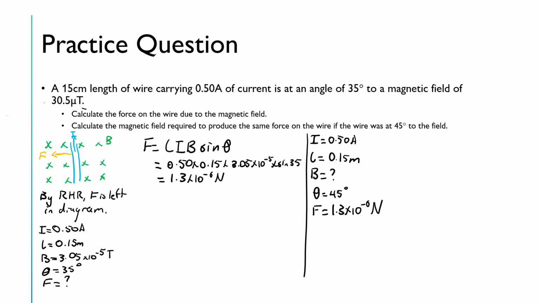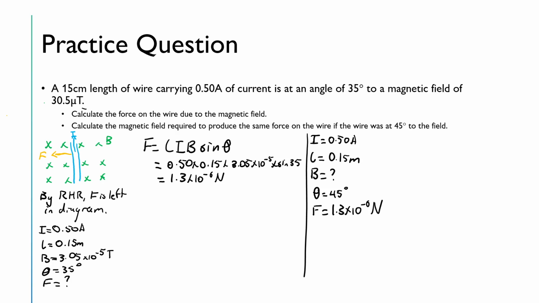Now, if we want to experience the same force, but we have increased the angle, that's going to mean that sine 45, which is bigger than sine 35, is going to have a larger multiplying factor when it comes to that final calculation. Therefore, we're going to need a magnetic field which is slightly smaller to compensate for this increase in angle.